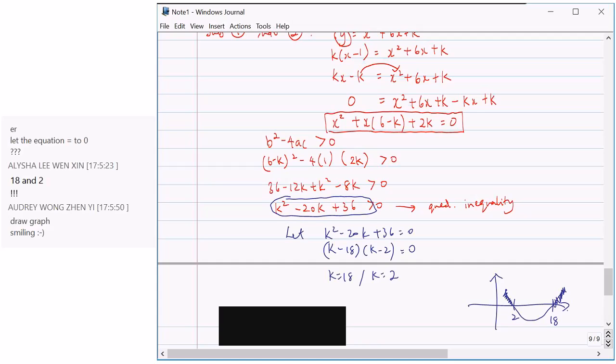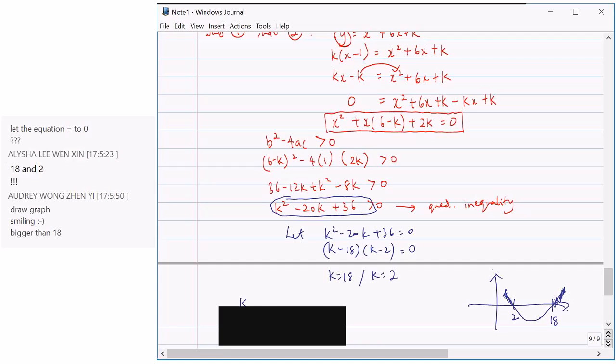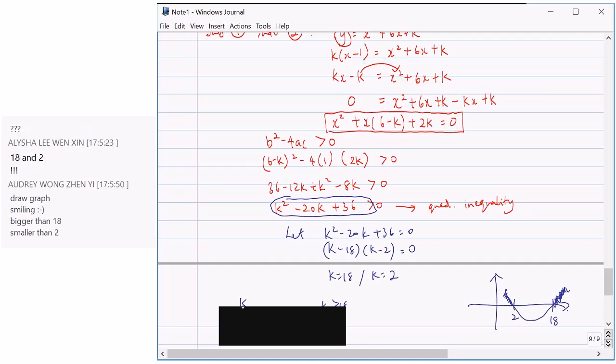So by looking at this, can you tell me what the K ranges are? What is K? K must be bigger than 18. That's the right side. Left side. Less than 2.